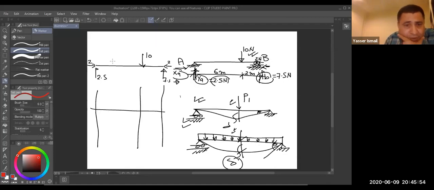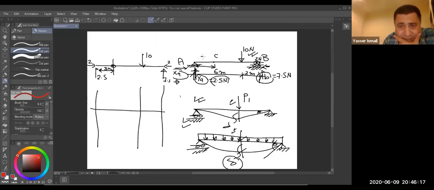Add a point here, far away from this reaction by 3 meters. Calculate for me the moment here. This point is A, B, C. This C is 3 meters away from this support.